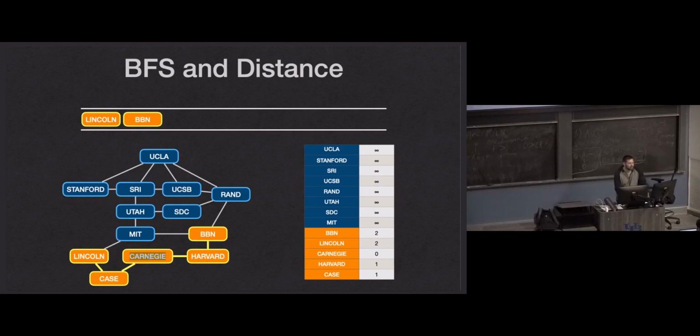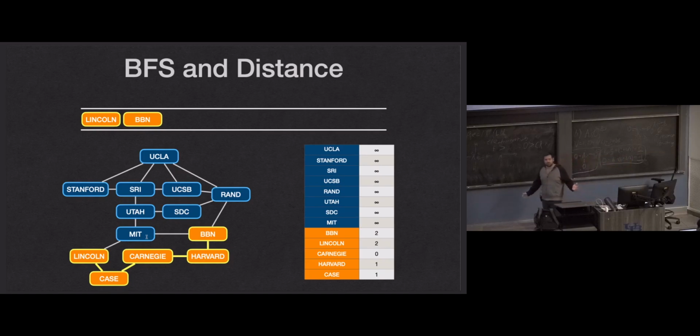So it's still pretty arbitrary to us, but it depends on the order in which you added edges to your graph when you created the graph. So when we had Carnegie's adjacency list, the way I did the slides, that list was Case, then Harvard. So Case made it into the queue before Harvard, then Lincoln made it into the queue before BBN, and Lincoln is going to discover MIT. If that adjacency list were Harvard, then Case, it would be the other way, and we would discover this path to MIT through BBN.